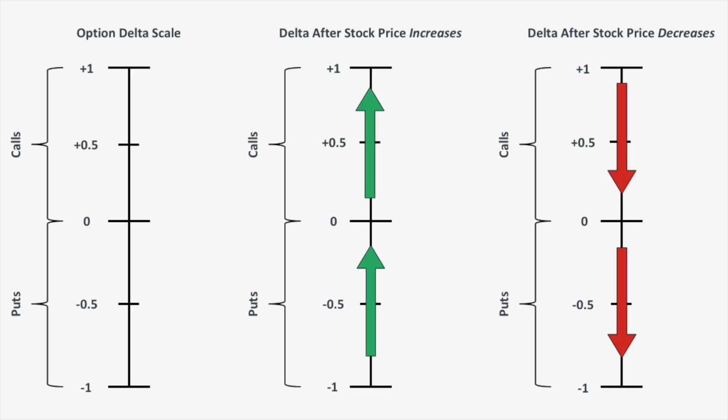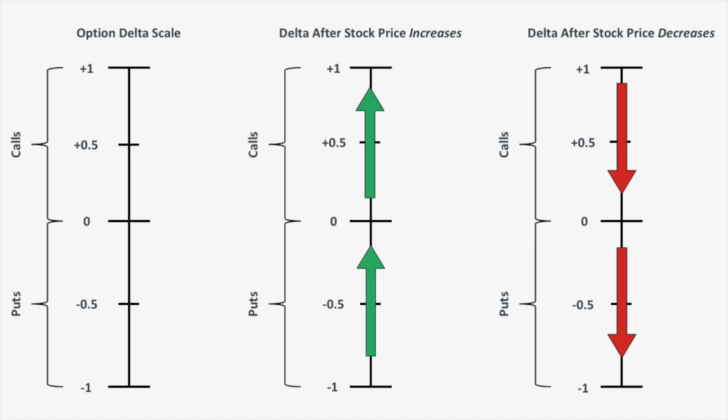After stock price decreases, call option deltas will approach 0 and put option deltas will get closer to -1. That's because we're subtracting gamma from the option's delta. Since call options have positive deltas between 0 and 1, subtracting gamma will reduce that call's delta and bring it closer to 0.